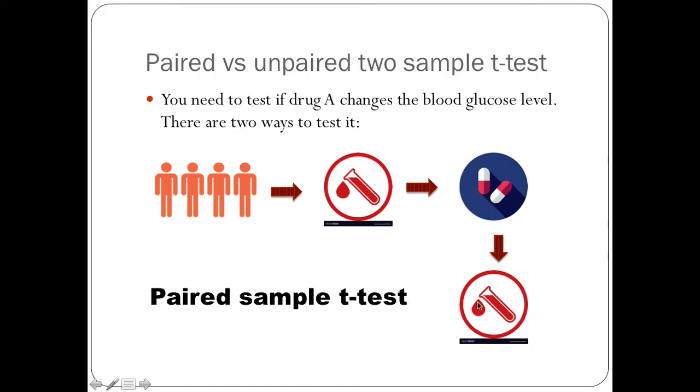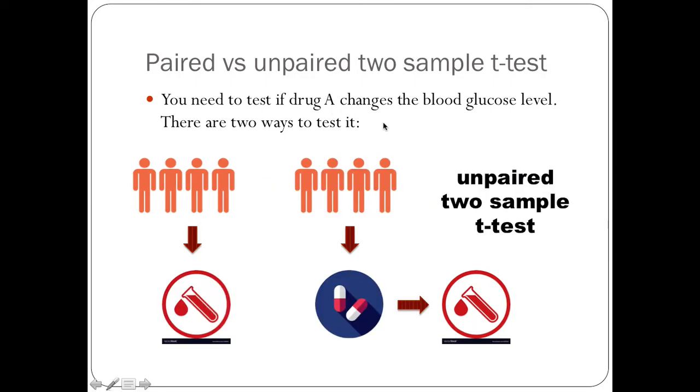What is paired here is, for example, subject A's blood glucose level before and after consumption of the drug. Therefore, they are dependent on each other, so it is a dependent sample. Therefore, you have to do a paired sample t-test.